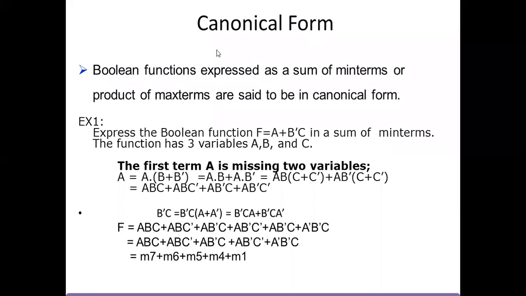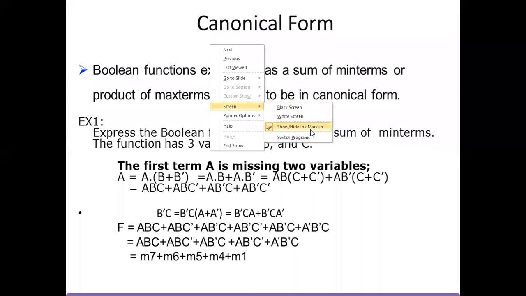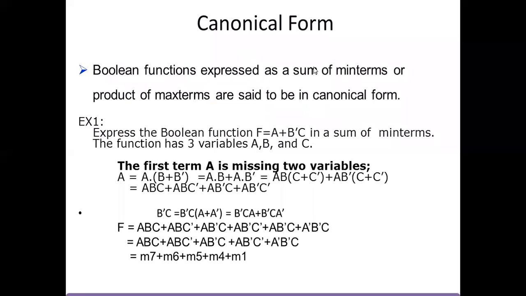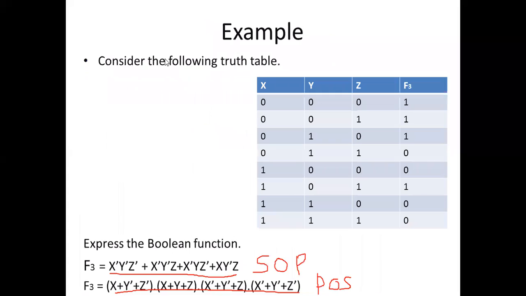So in canonical, if you are asked to express any function in canonical form, what does it mean? It means that you have to express it as a sum of min terms or product of max terms. Okay, those are the two canonical forms.